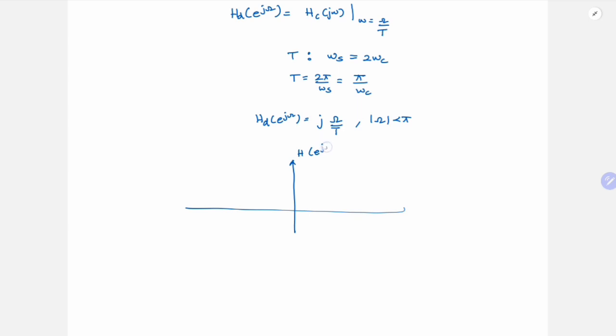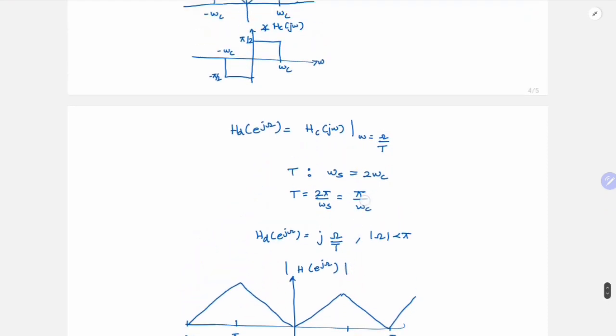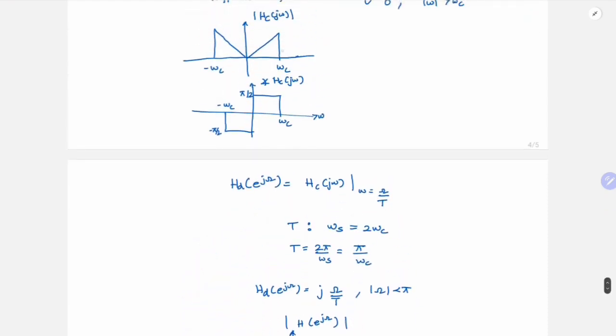H(e^jω), let's say this is π, 2π, minus π, minus 2π. So I am having a triangular kind of thing. Then again from here I will need to draw a triangular kind of thing. So in this I am assuming that at ωc this is going to 0.